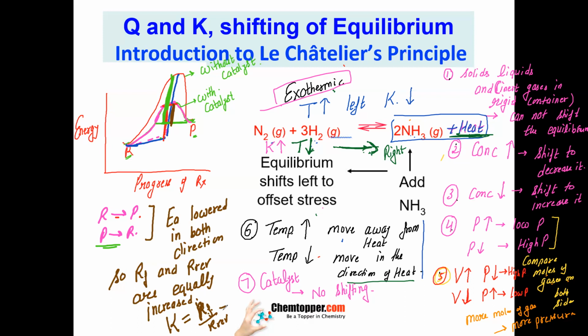This ratio is not undergoing any change. So K value is not undergoing any change. No change means no Q. No change means no shifting.